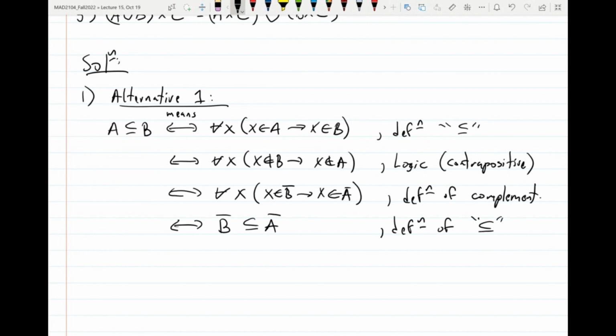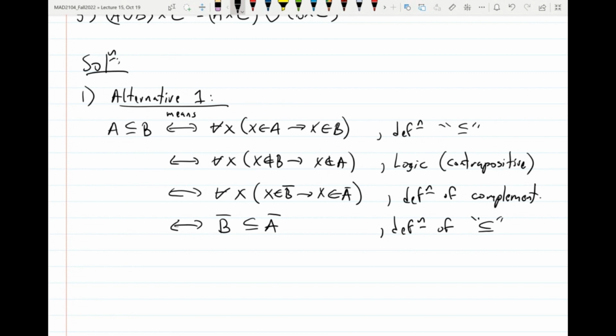And notice how I'm purposely writing double arrows because now this means that A being a subset of B is the same as B complement being a subset of A complement. So this implies this, if you look at the right-going arrows, but then you can look at the left-going arrows from bottom to top, and so this implies this. So you did both at once.